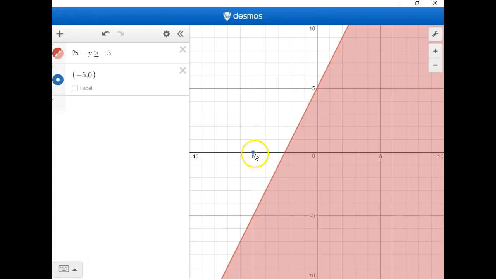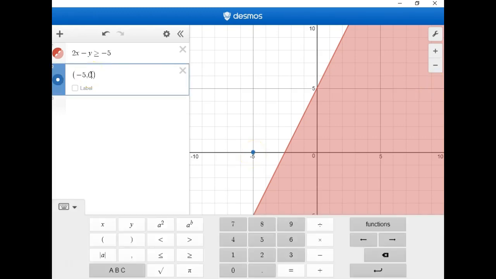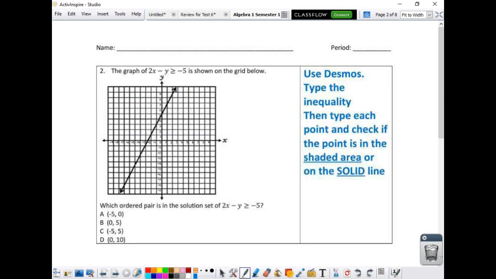You can see that it is not, so that's not your answer. And then 0, positive 5. And you can see that this point is on a solid line, and because it's on a solid line, then it is a solution. Our answer is B.